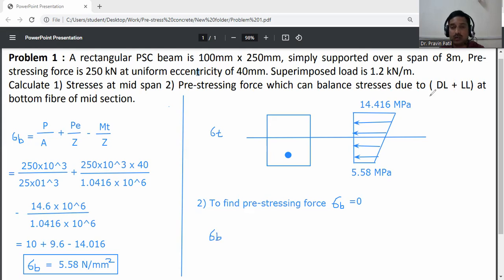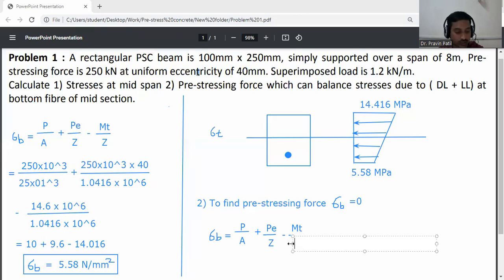Sigma B at the bottom: direct stress due to pre-stressing force is P by A. Then due to pre-stressing at the bottom it will be compression, so plus P e by Z. Then minus M T by Z, due to external load plus self weight, which at the bottom is a sagging type of bend.